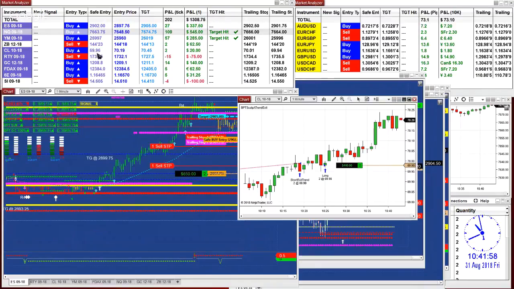You see also on the price action, the re-entry point is 69.96, and the swing trading took the re-entry from 69.98. This has nothing to do with this one here.